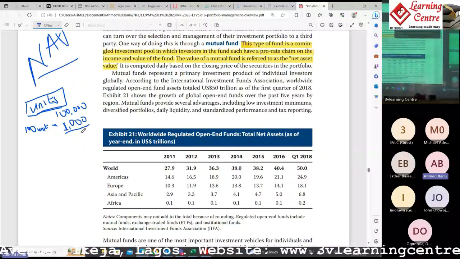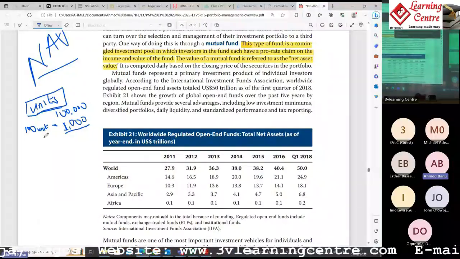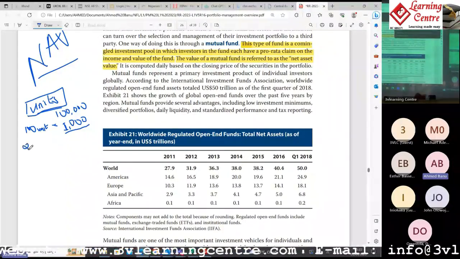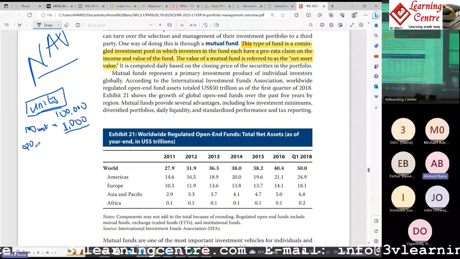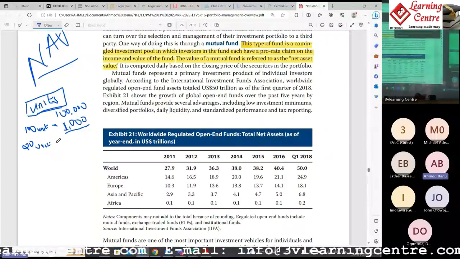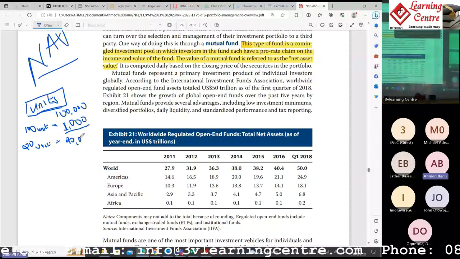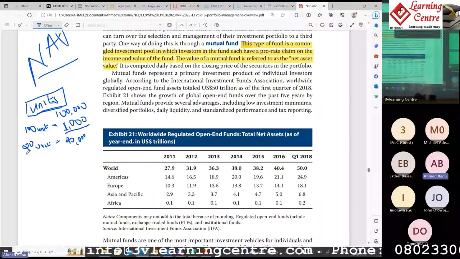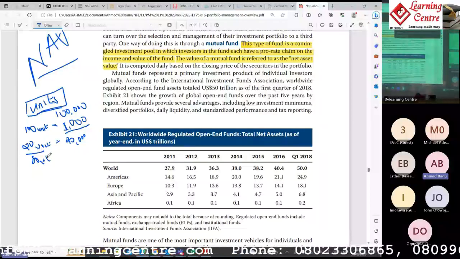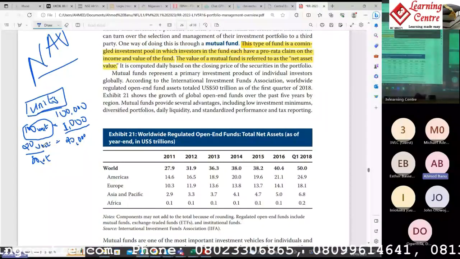But let's say on the first day somebody bought 20 units, or the total sale that day was 20 units. So that means the total money I raised that day was 20,000 naira for my mutual fund. Now I have 80 units left. But the total number of units that this fund has to offer is 100, and only 20 units are sold.